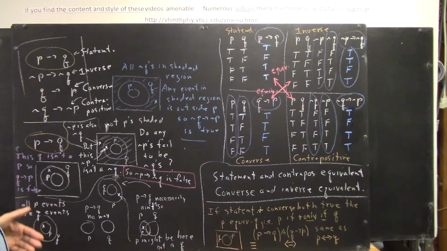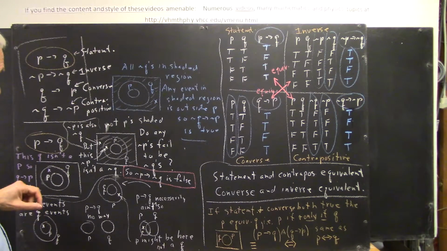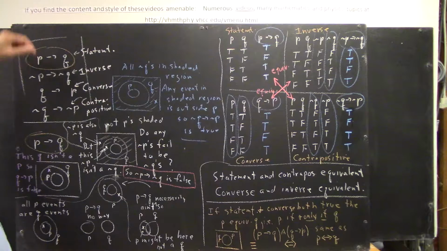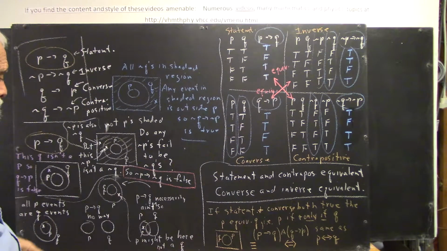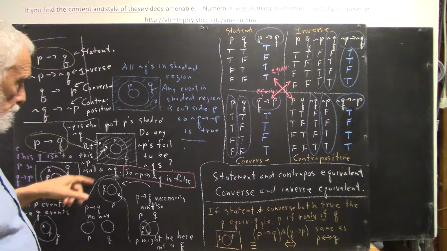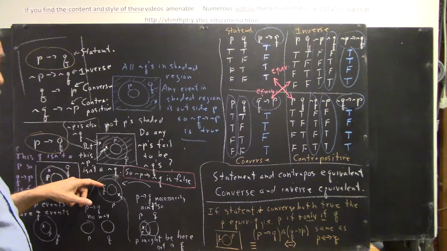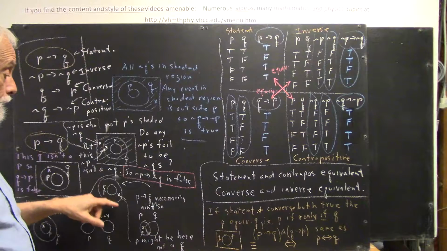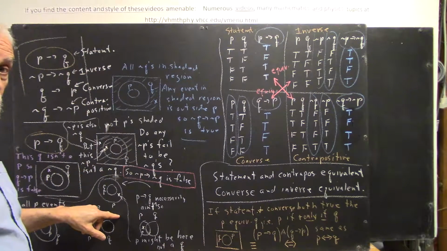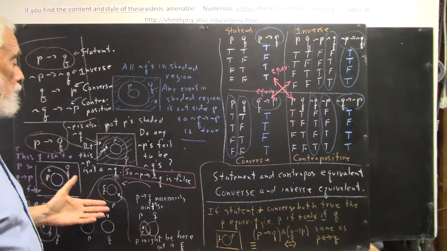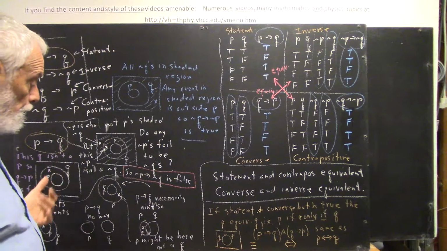Is it true that all P events are Q events? If so, this would be a representation of if P then Q. We can look at this picture where the Q is inside the P. All the Q events are inside the circle containing all P events. Does this stand for if P then Q?